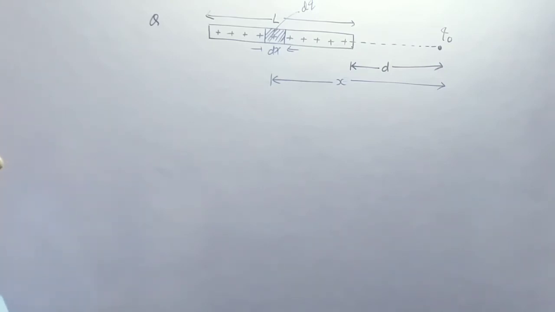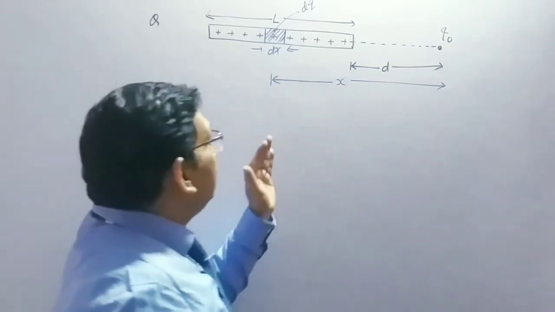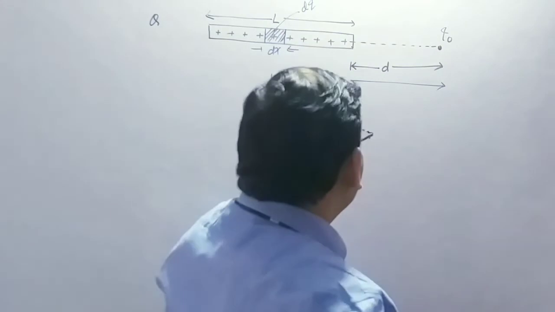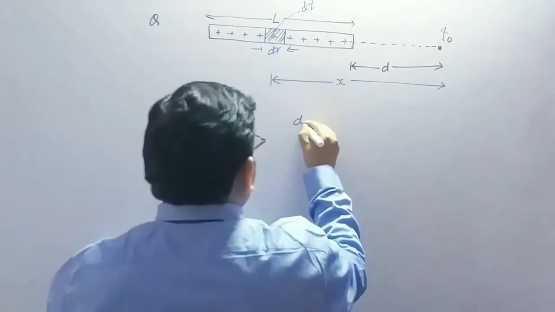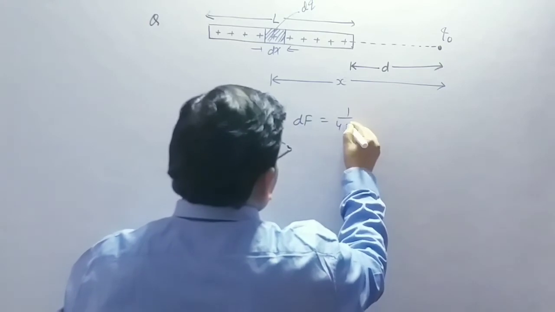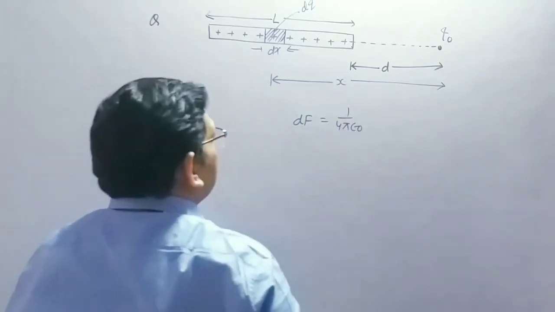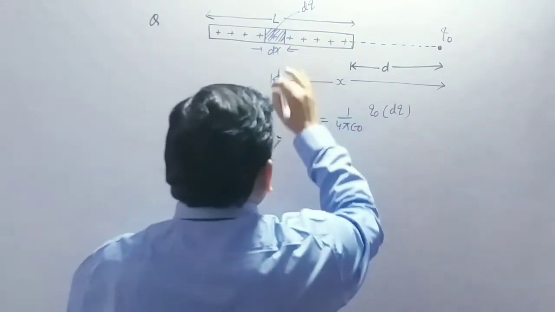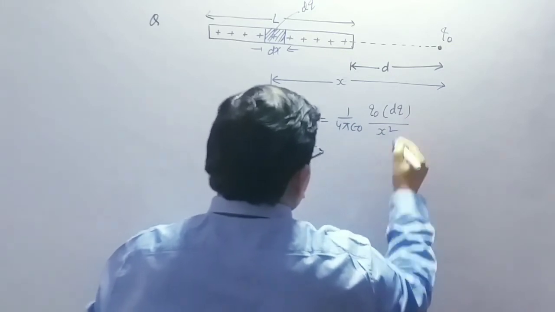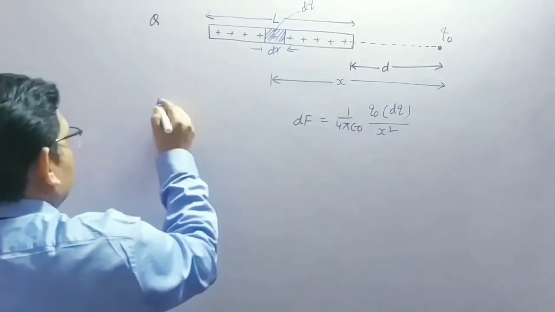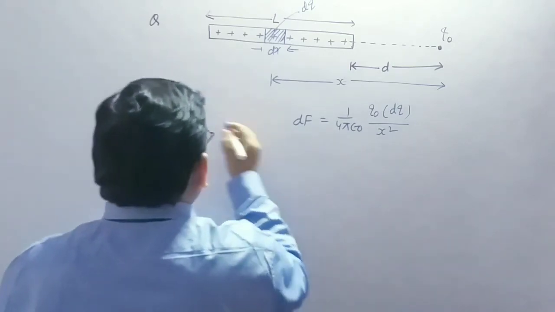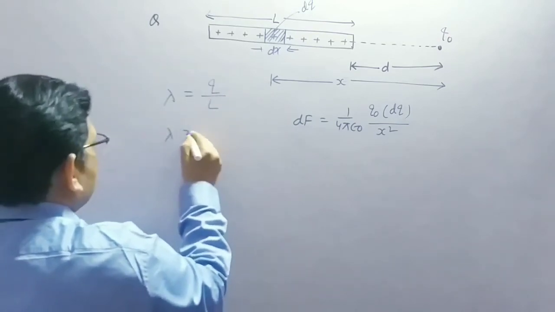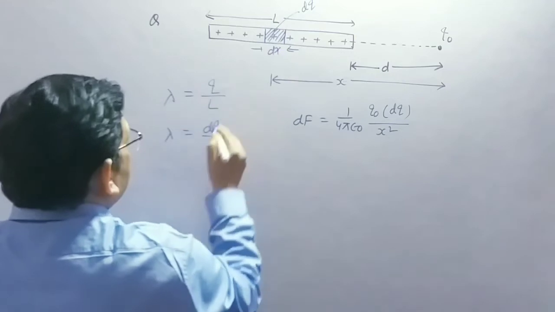First of all, we apply Coulomb's law between the charge dq and q naught. The force dF can be written as 1 by 4 pi epsilon, the charges q naught and dq, and the distance from this element is x, so x square. Here one can also write lambda, the charge per unit length, so lambda is equal to dq by dx.